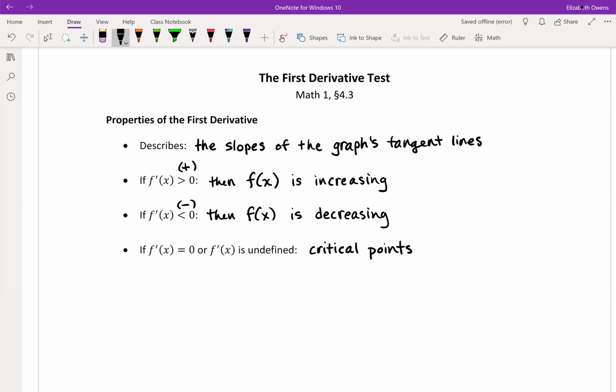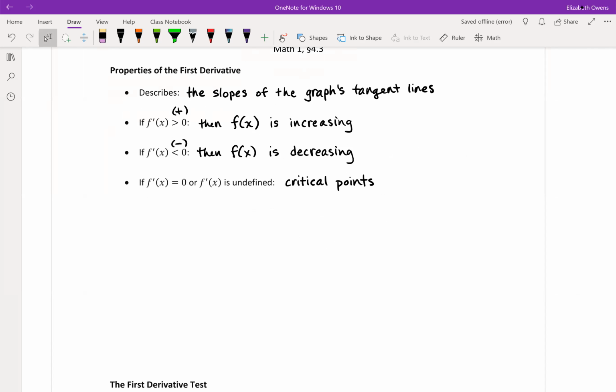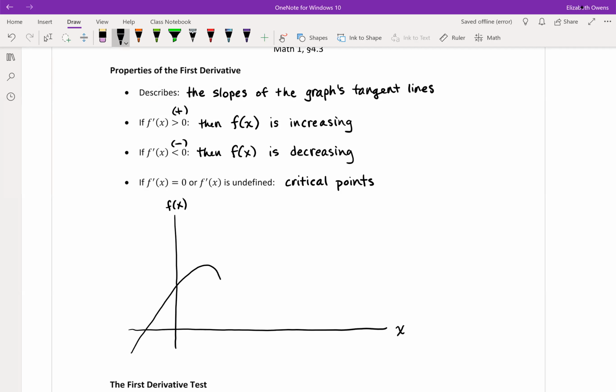So let's see here. I just wanted to draw us a little graph showing these properties on a makeshift function. Draw a generic little function, x and then f of x. So we'll observe all of those things happening here based on the first derivative.